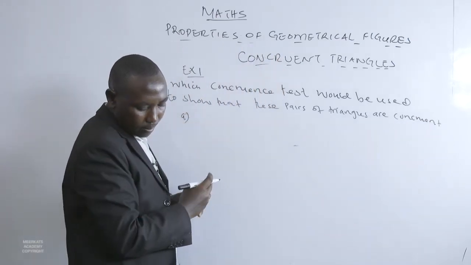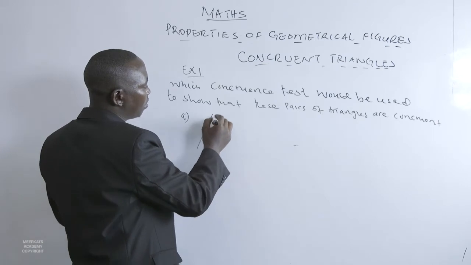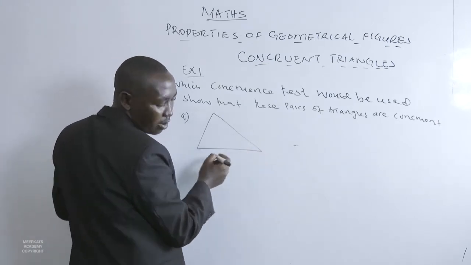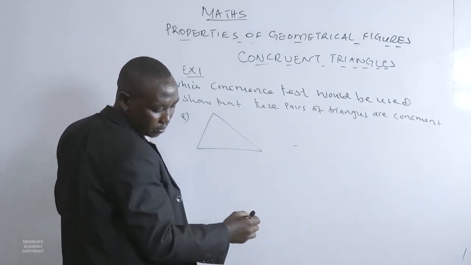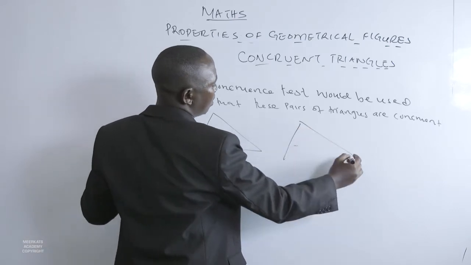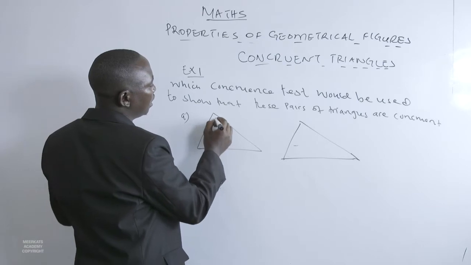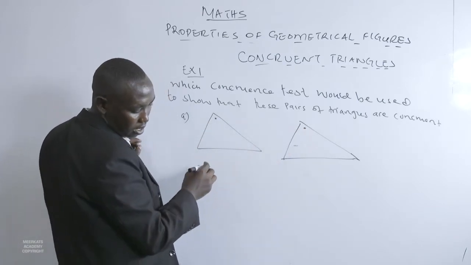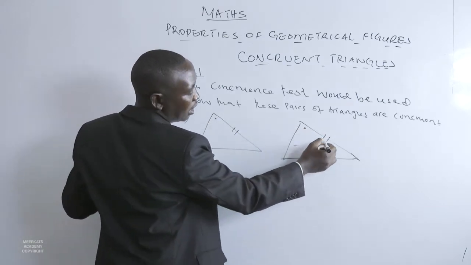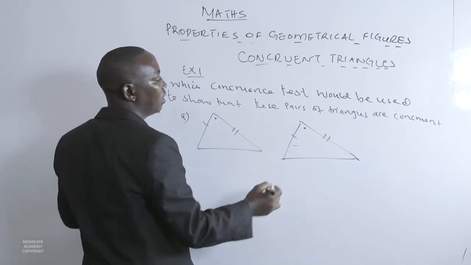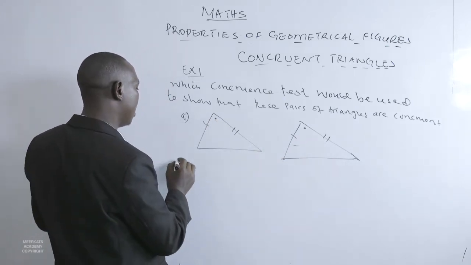Number 1, we have such a triangle and another triangle. This angle and this angle are equal. This side and this side are equal. This side and this side are equal.